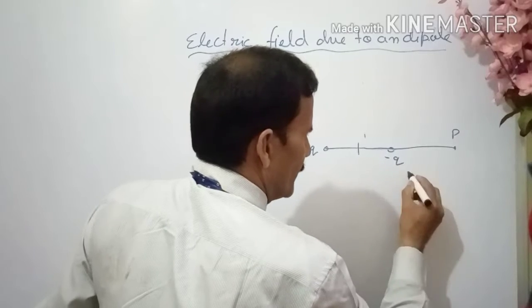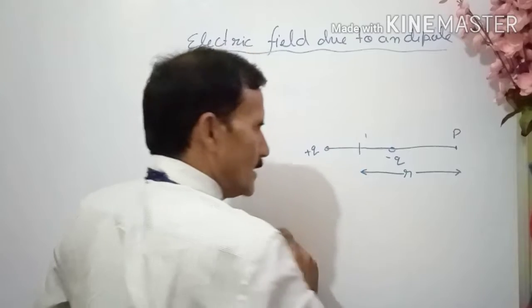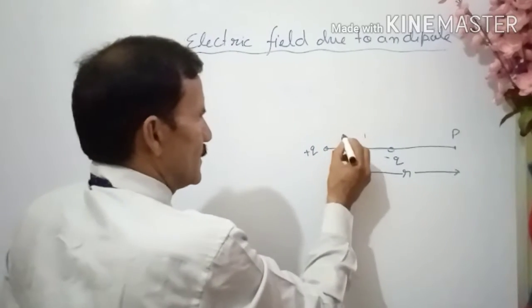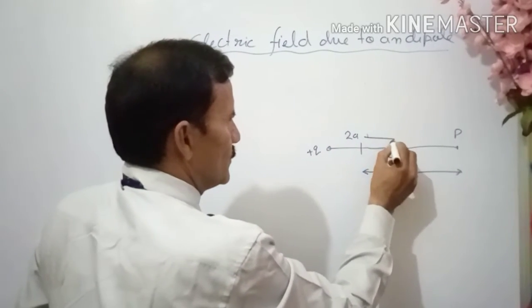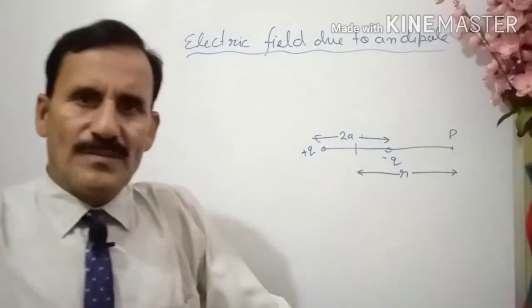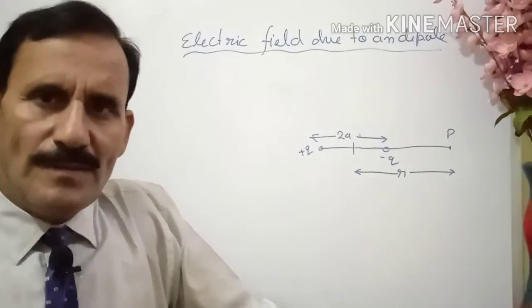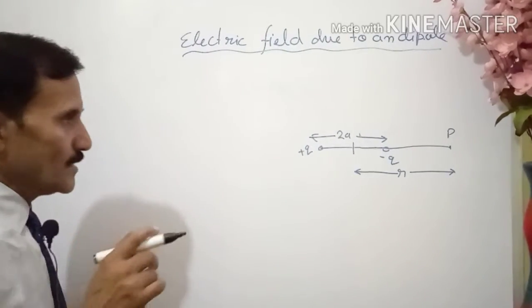Always remember, distances are measured from the middle point of the electric dipole, and the whole length is 2a, and the distance of the point from the midpoint is r, and you are required to find the electric field on the axis.